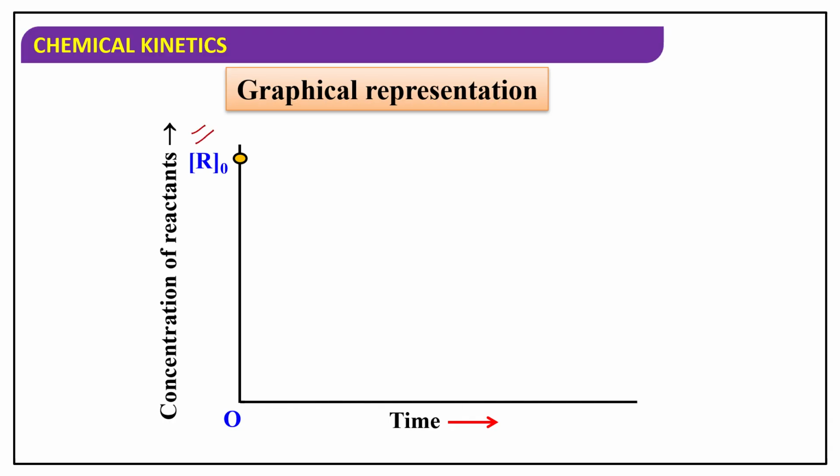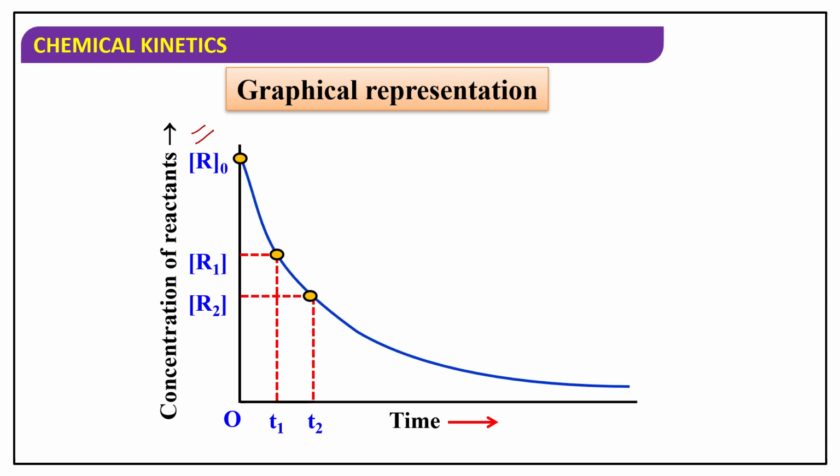As time passes, the concentration of reactant obviously decreases. At time T1, concentration is R1. At time T2, concentration is R2. If we join these points, we get a graph like this. That is the graphical representation.